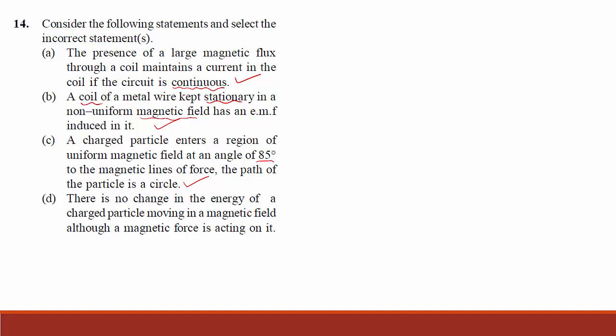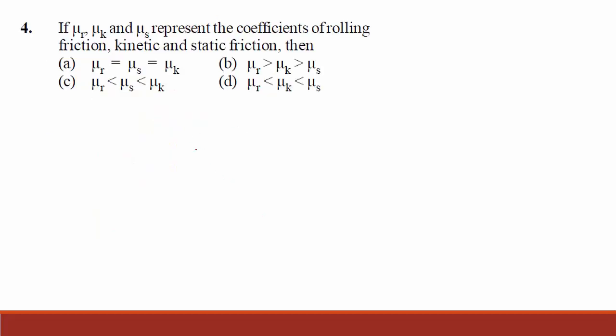The charged particle energy changes when there is a magnetic force acting on it because of the magnetic field. So this is the wrong statement. According to the question, we have to find the incorrect statement. Option D is right.